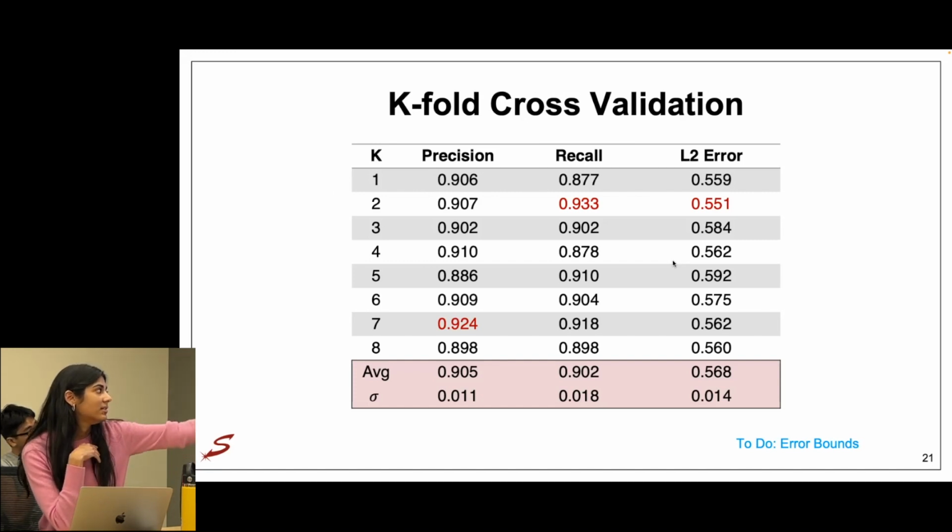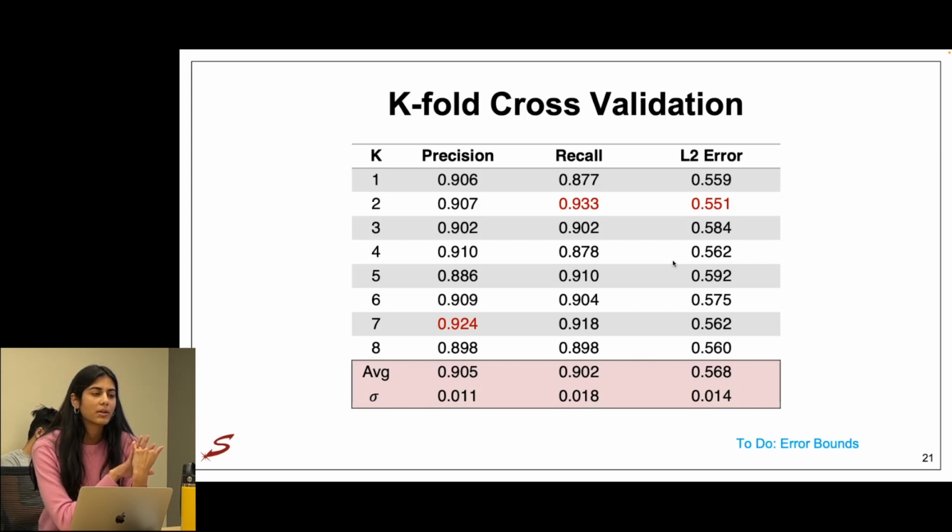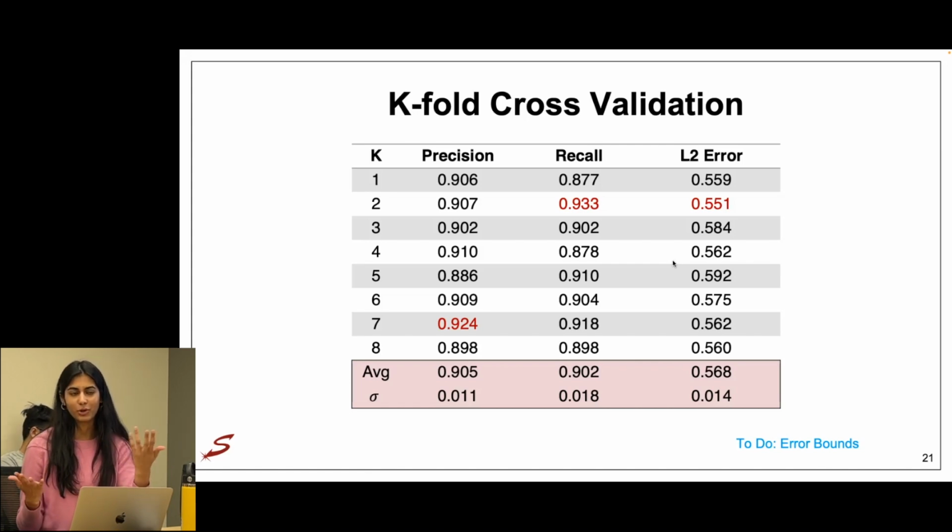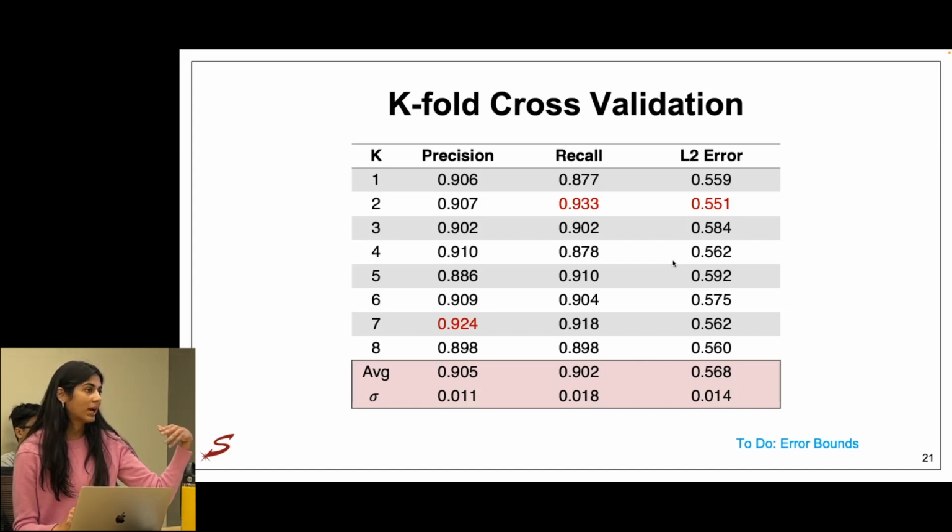The standard deviation between all of the folds is quite low, around 1% to 2% for precision and recall. There are several things this could indicate. It could indicate that our data set is very homogeneous. It could also indicate that we're overfitting. These are limitations that will need to be addressed, but overall it shows that there are no outliers in our data set.